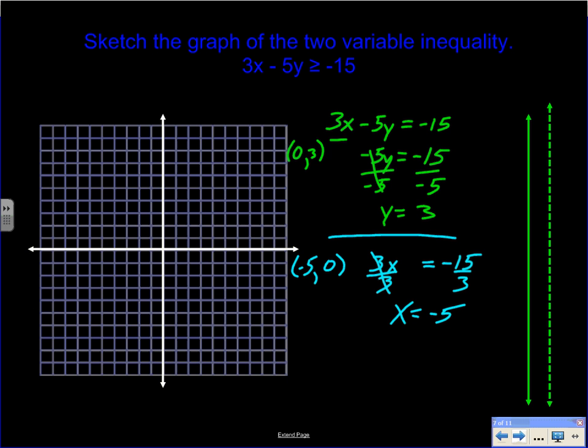So we graph those 2 points. 0, 3 means we go left and right 0 and up 3. -5, 0 means we go left to -5 and up and down 0.